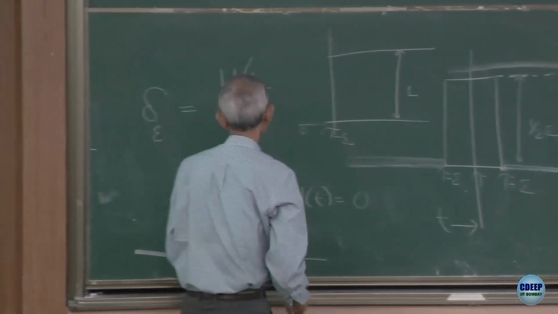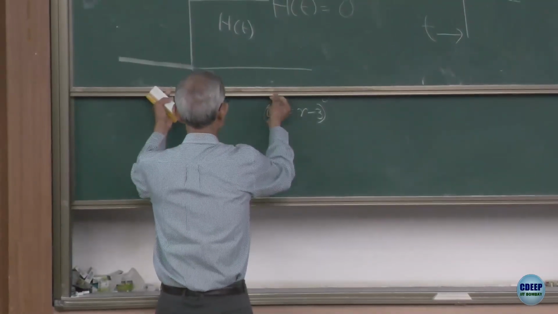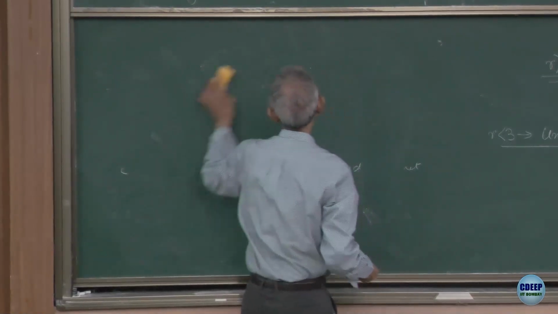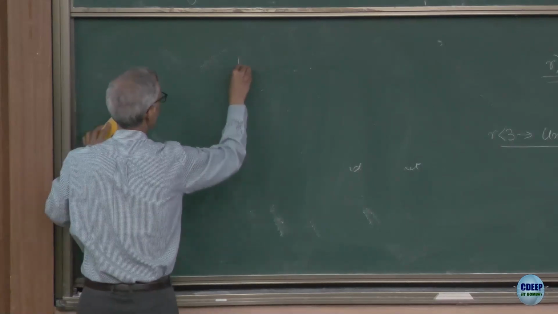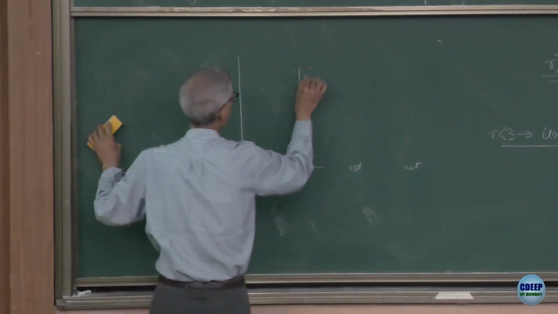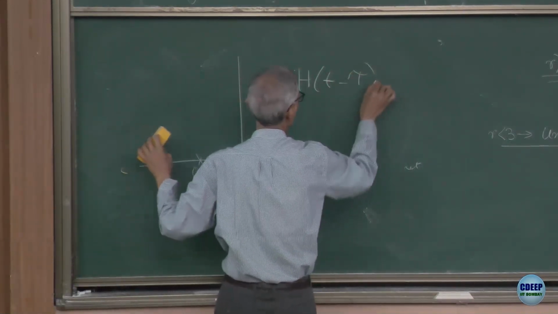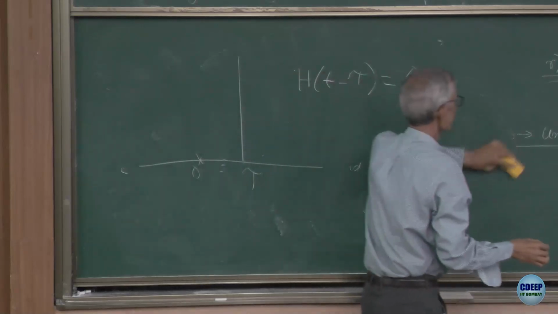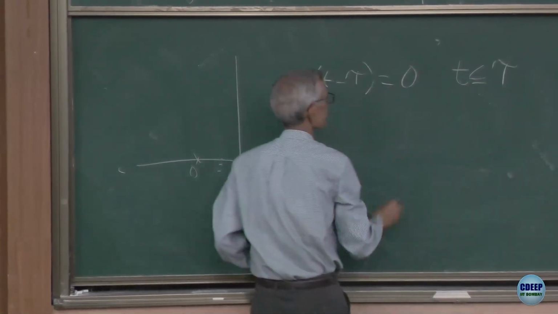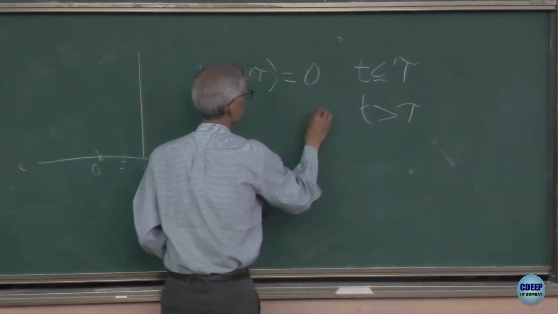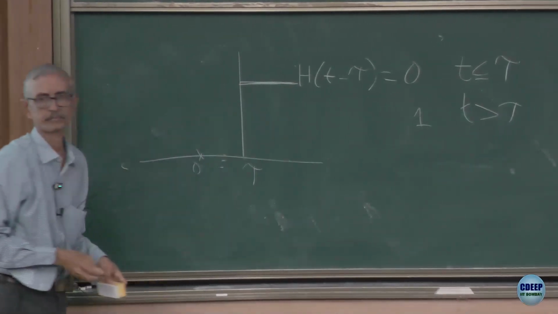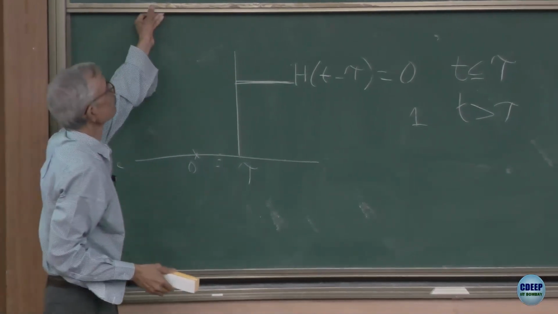Now if I have my Heaviside function at tau, h of t minus tau is equal to 0 for t less than tau, and for t greater than tau it is equal to 1. So this is the Heaviside function for that.